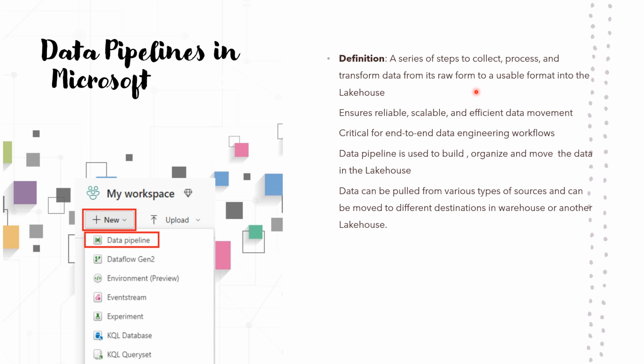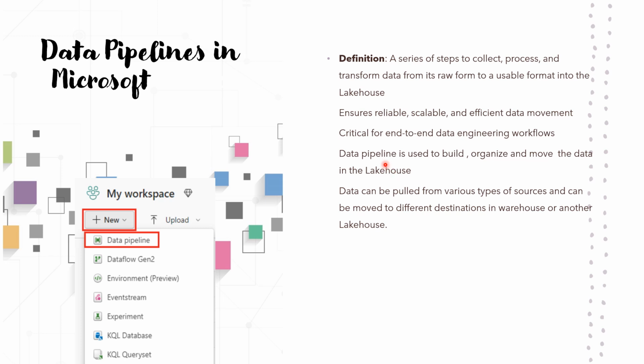For example, earlier in traditional systems, we have ETL and data warehouse. In ETL, we are extracting the data, transforming the data and loading using an ETL tool. Similarly, data pipelines are used to extract the data, cleanse the data and load it into lakehouse tables. Data pipelines ensure reliable, scalable and efficient data movement.